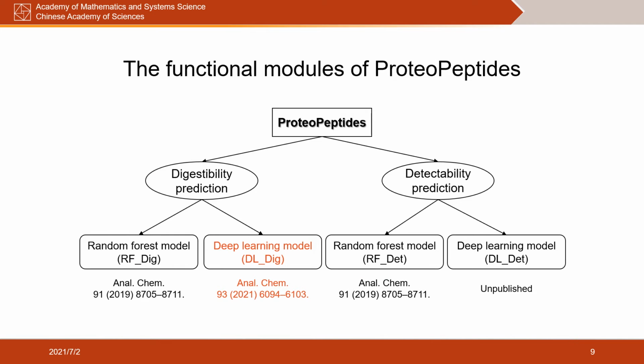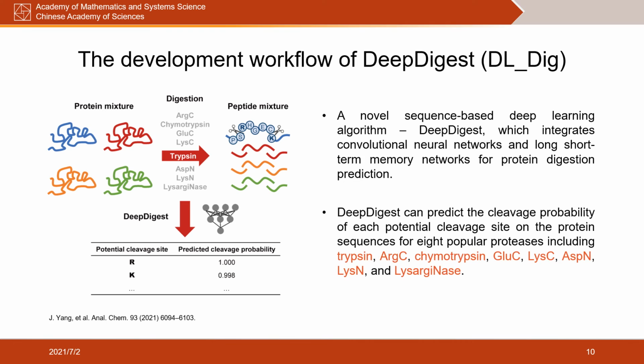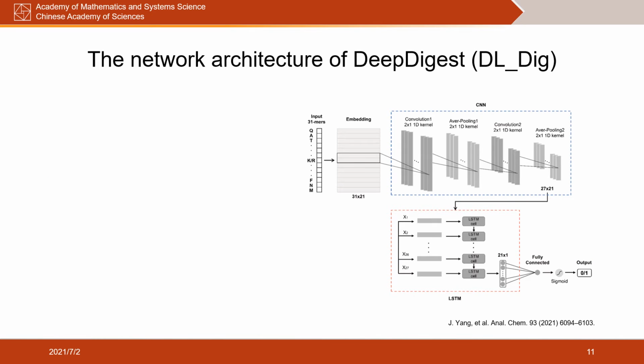Another algorithm used in ProteoPeptides is DeepDigest. It's a novel sequence-based deep learning algorithm which integrates convolutional neural networks and long short-term memory networks for protein digestion prediction. DeepDigest is composed of 3 basic modules.